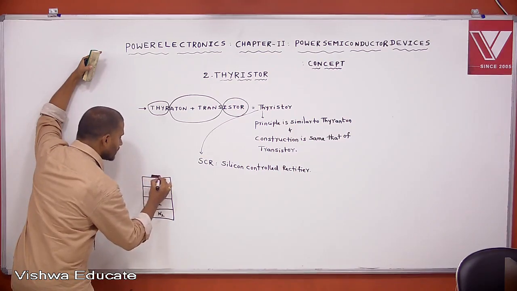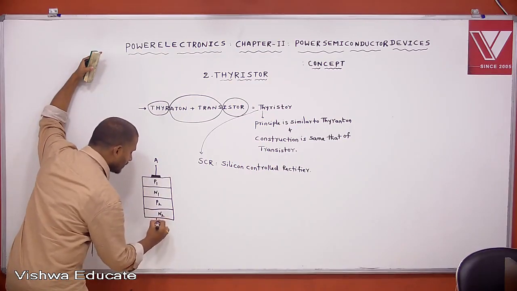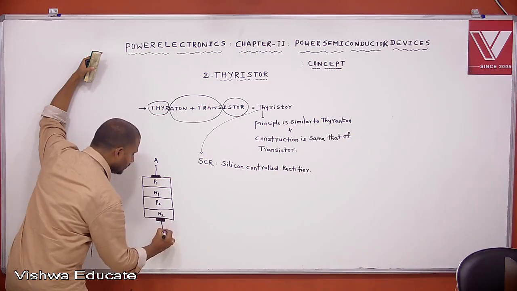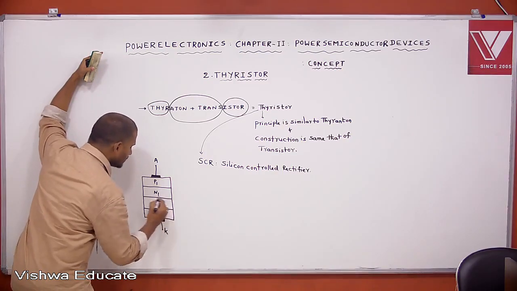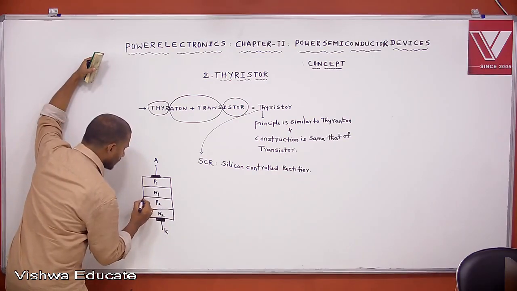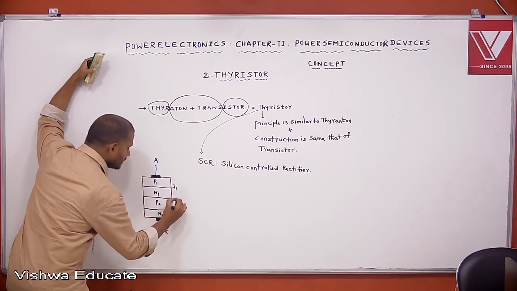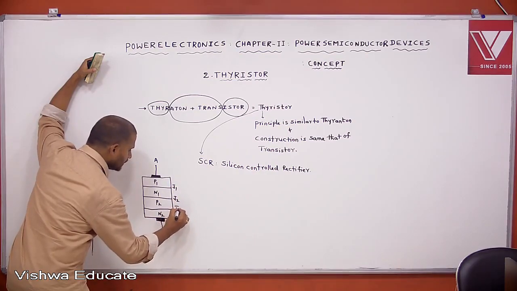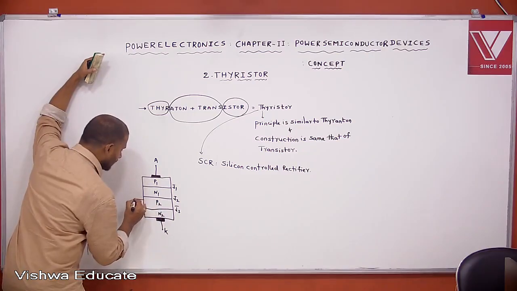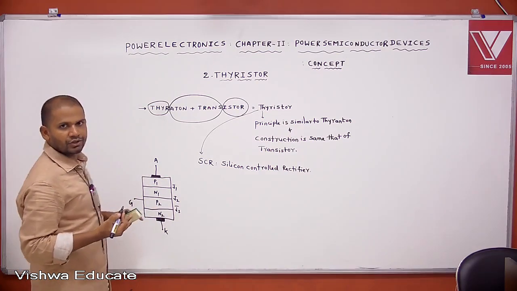And it consists of anode, cathode, and gate. This is J1, this is J2, and this is J3, and gate is connected here. This is a schematic representation of SCR.